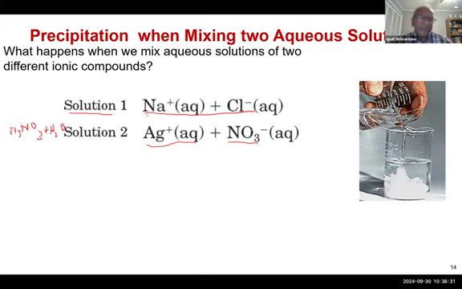The bottom solution could be either, it doesn't matter.